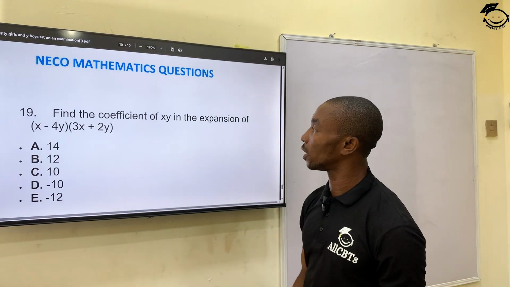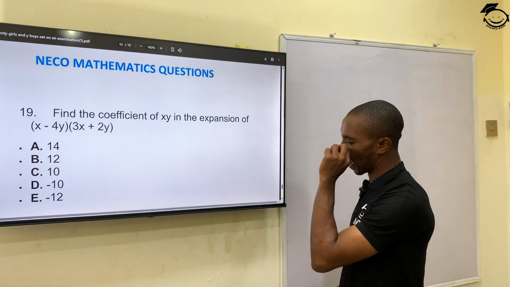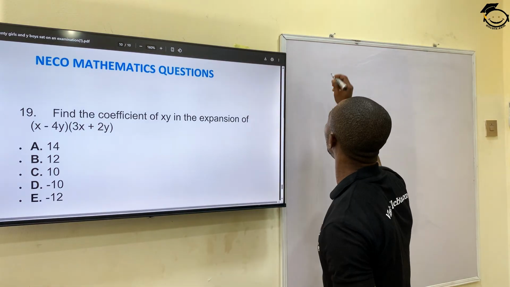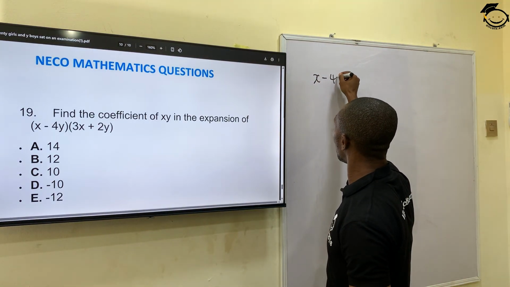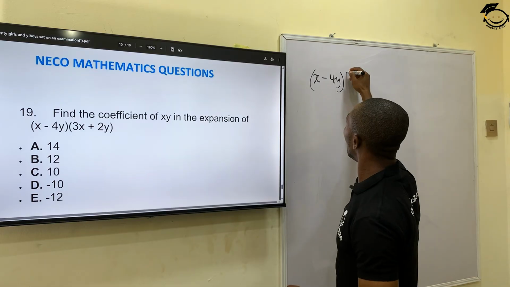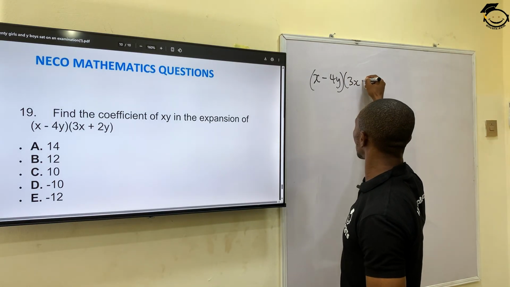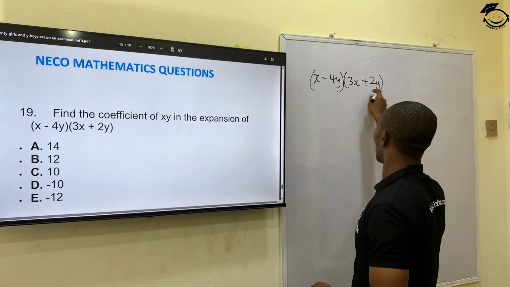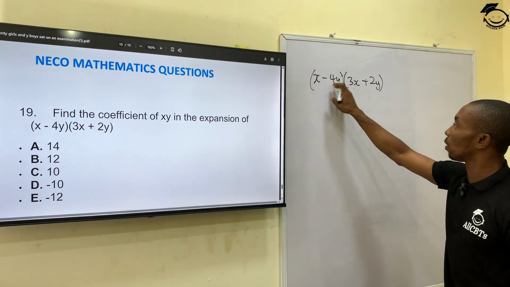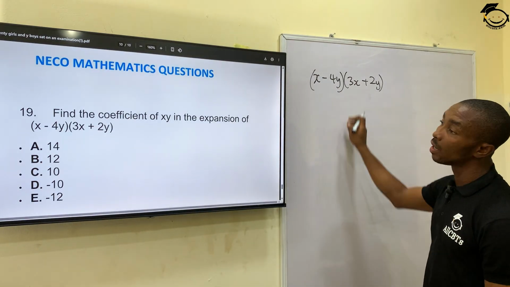Find the coefficient of xy in the expansion of (x minus 4y)(3x plus 2y). Now, for us to expand this, we will use one of these brackets to multiply the other.